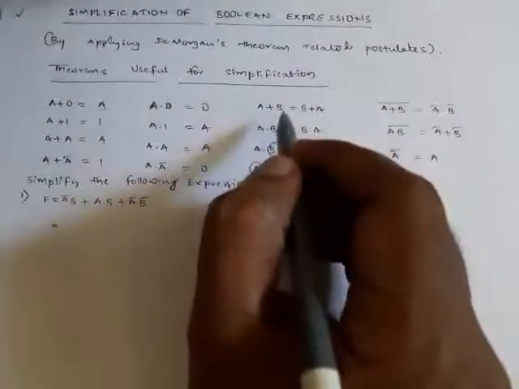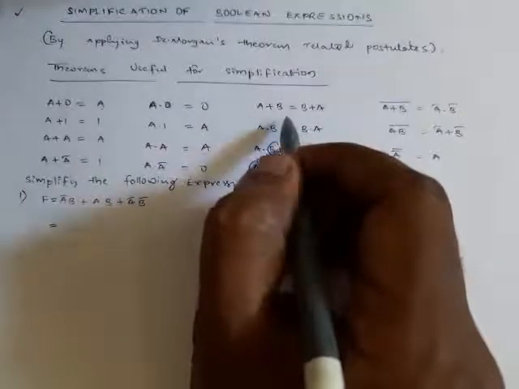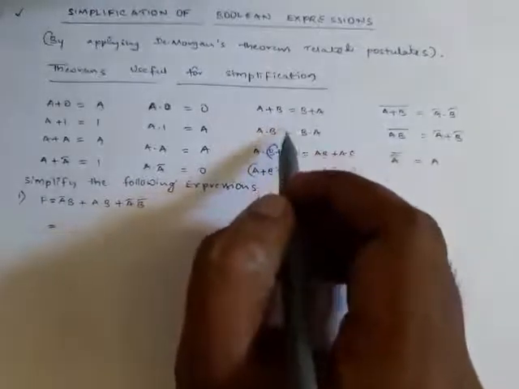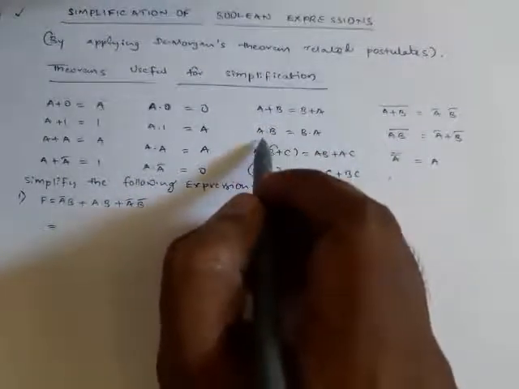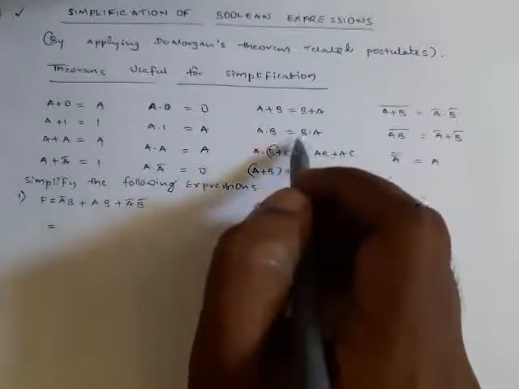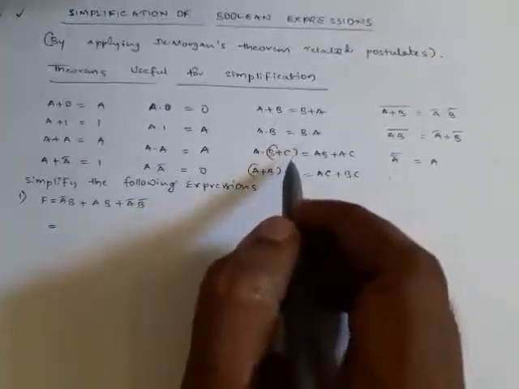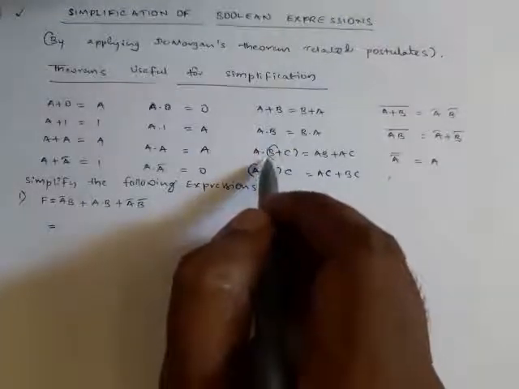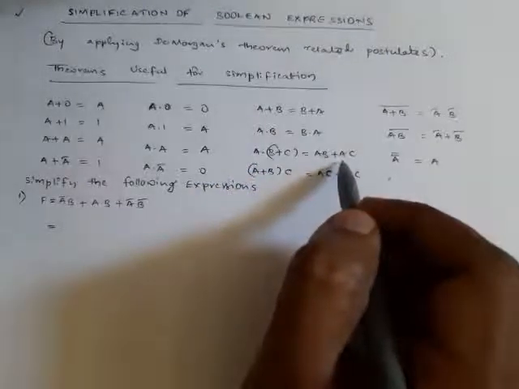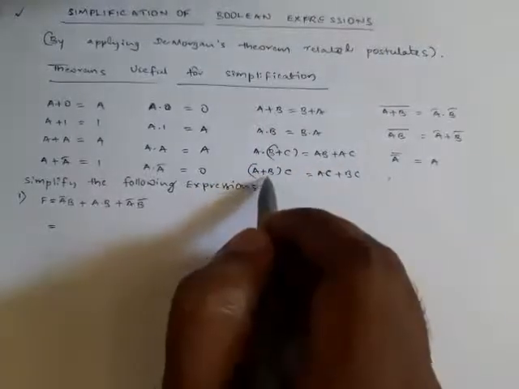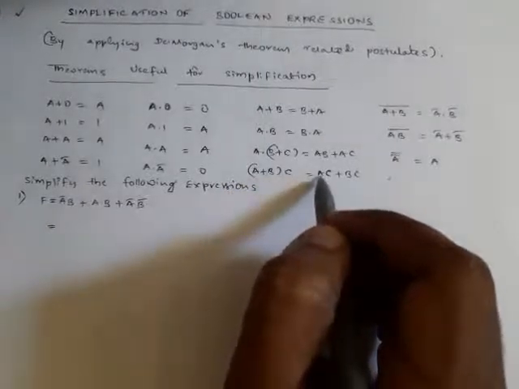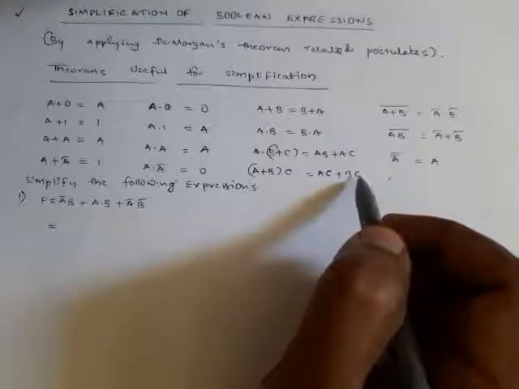Similarly, by commutative laws, we have a plus b equals b plus a for OR operation, and by commutative law for AND operation, we have a dot b equals b dot a. And similarly, by distributive law, a dot (b plus c) equals ab plus ac. Similarly, (a plus b) dot c equals a dot c plus b dot c.